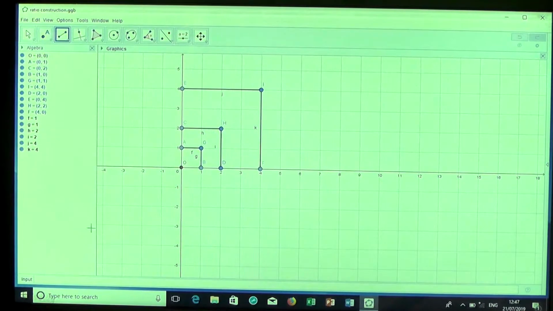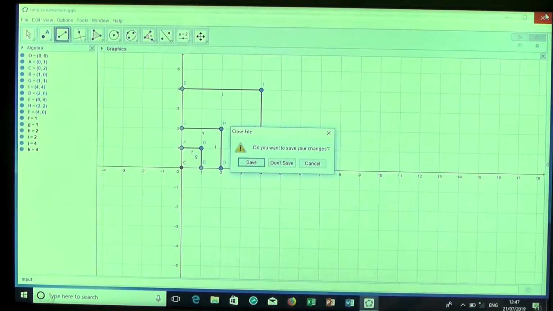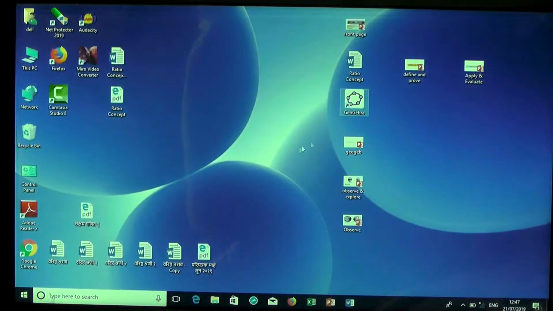Okay, so we have to compare the areas of these squares.